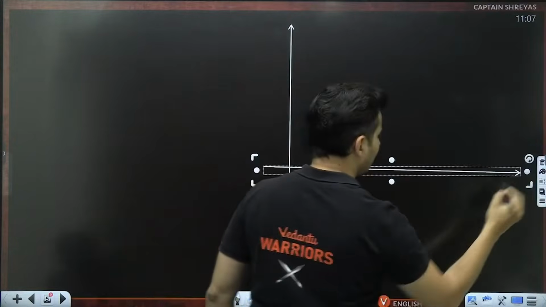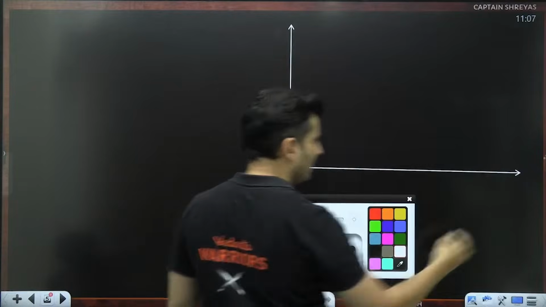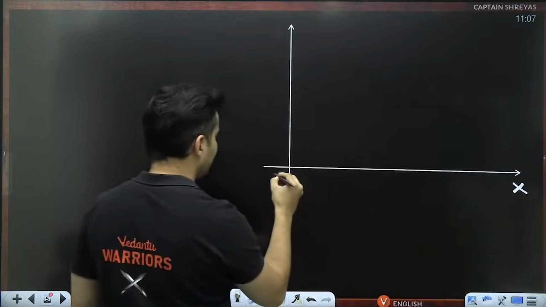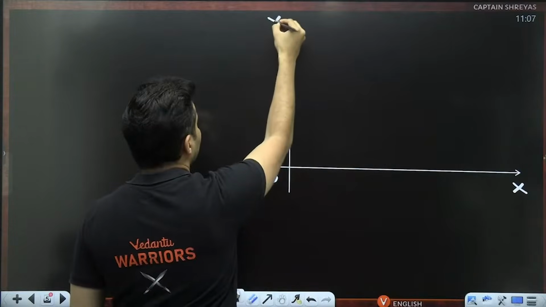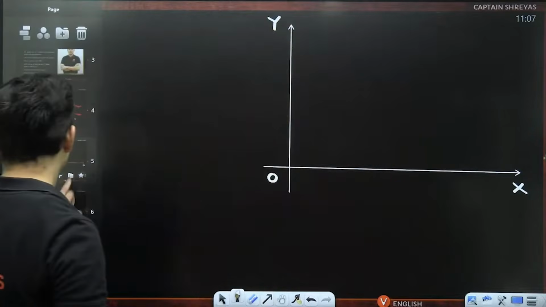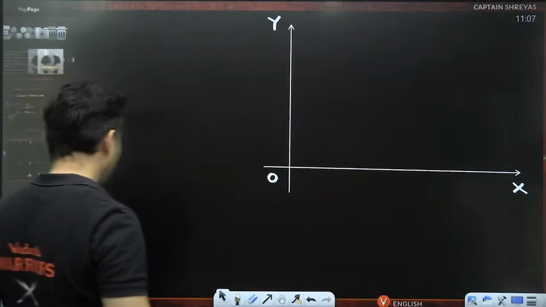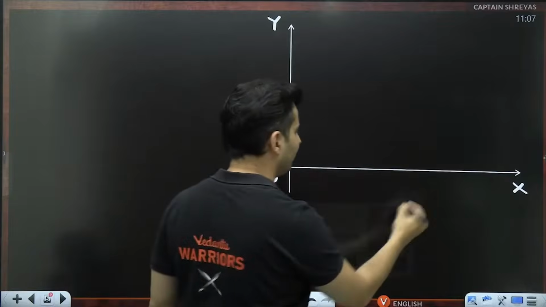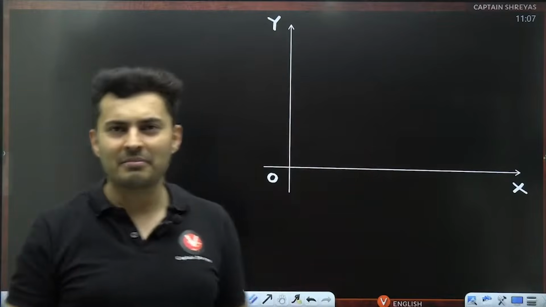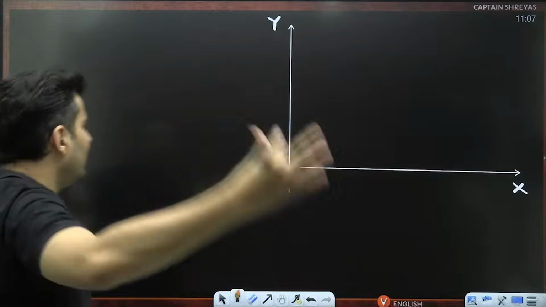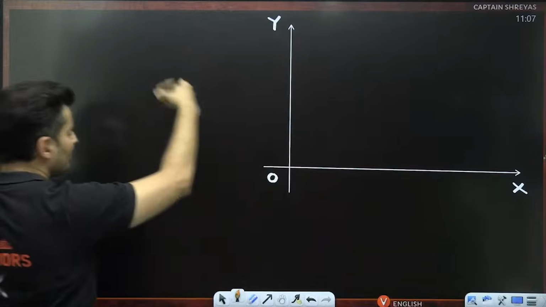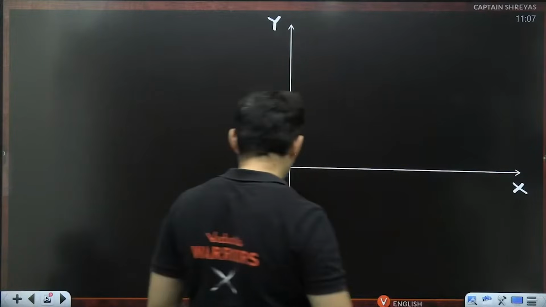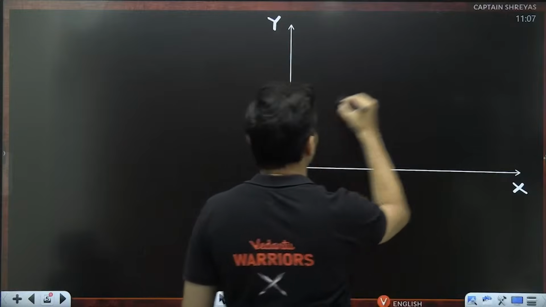So let's say, for example, my dear students, this is the x-axis, this is our origin, and this is our y-axis. Okay, so this is what it is. And I have a graph drawn of something. Maybe it could be anything, some curve, some line, etc. So for now, let's take just a line.